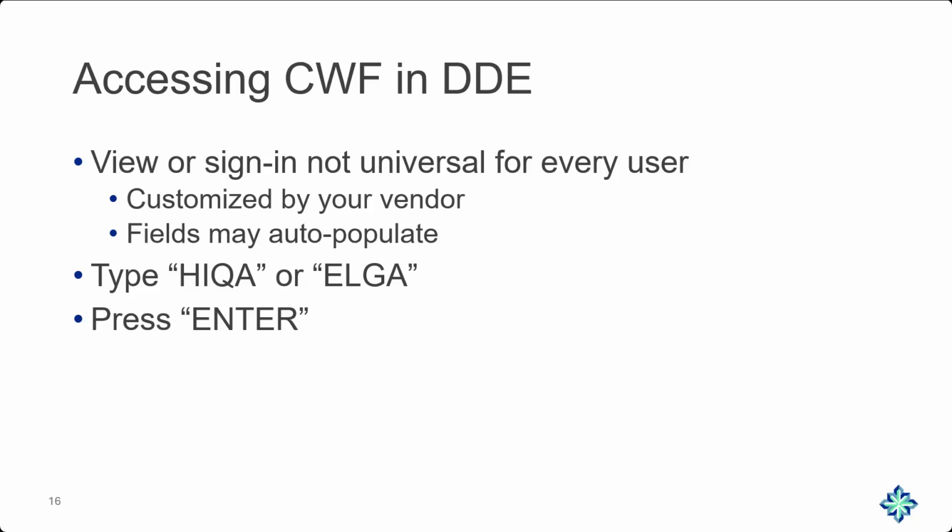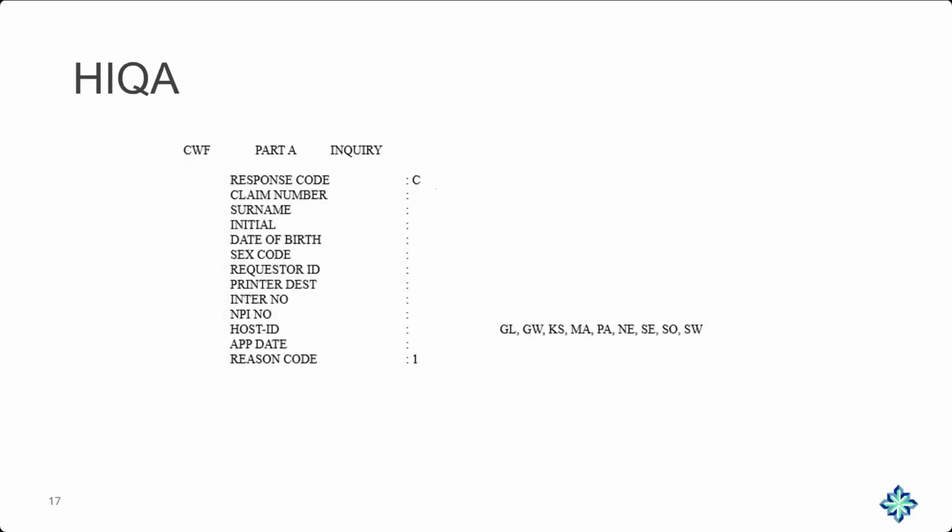Your vendor may do it for you behind the scenes, and so you didn't even realize that. So we're just doing bare bones here if there were no customization at all. That's what we'll be looking at today. So if you type in HIQA, your screen should look similar to what you see here.